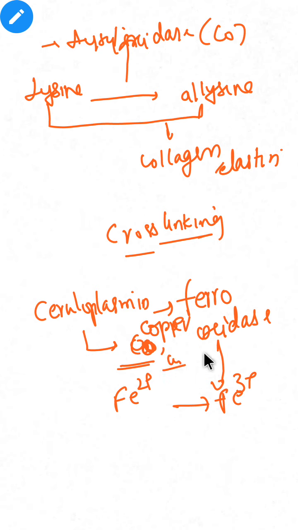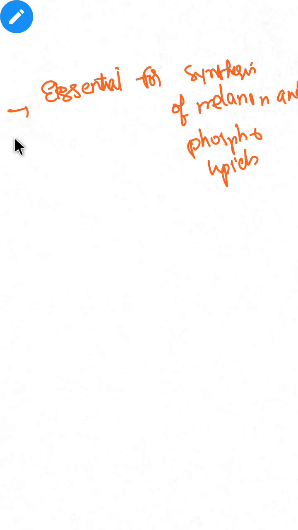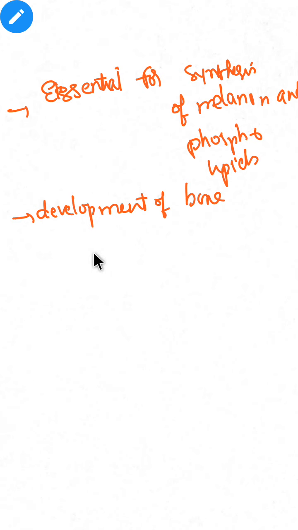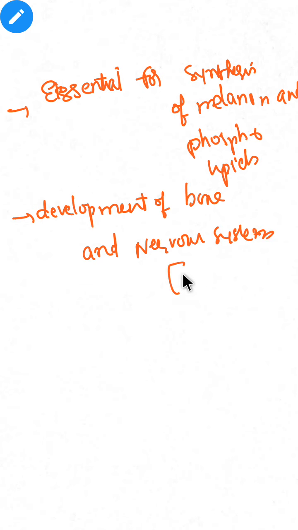This copper is essential for synthesis of melanin and phospholipids, and it is also required for development of bone and the nervous system, especially myelin.